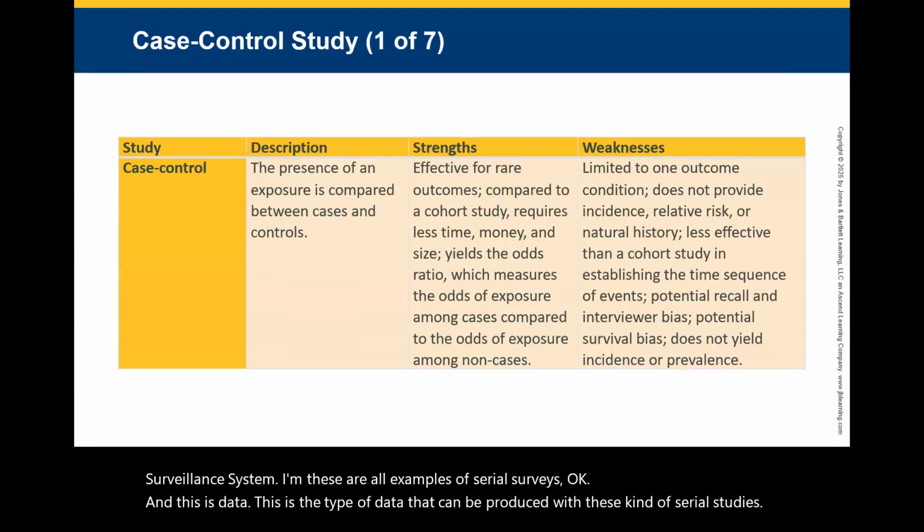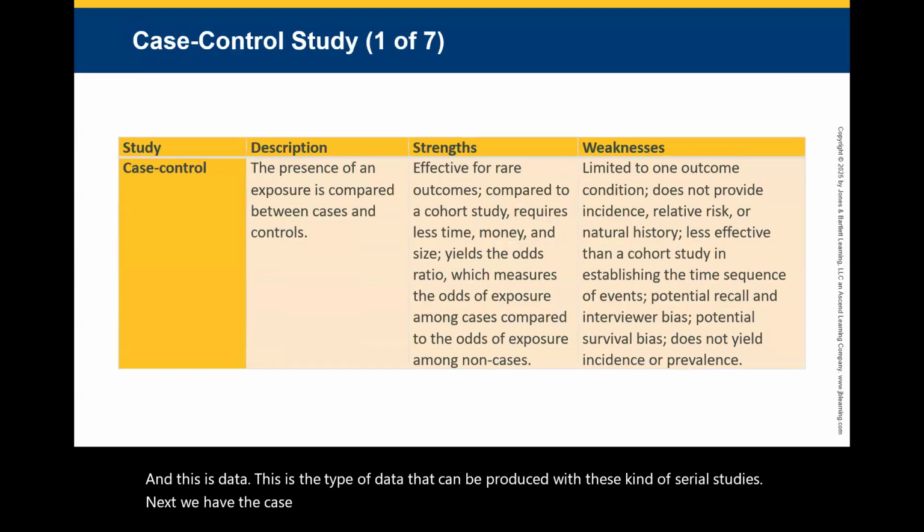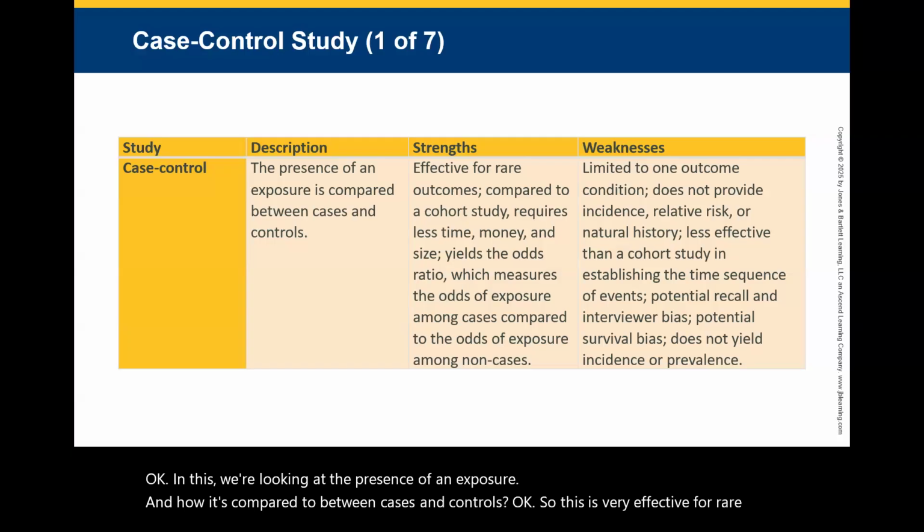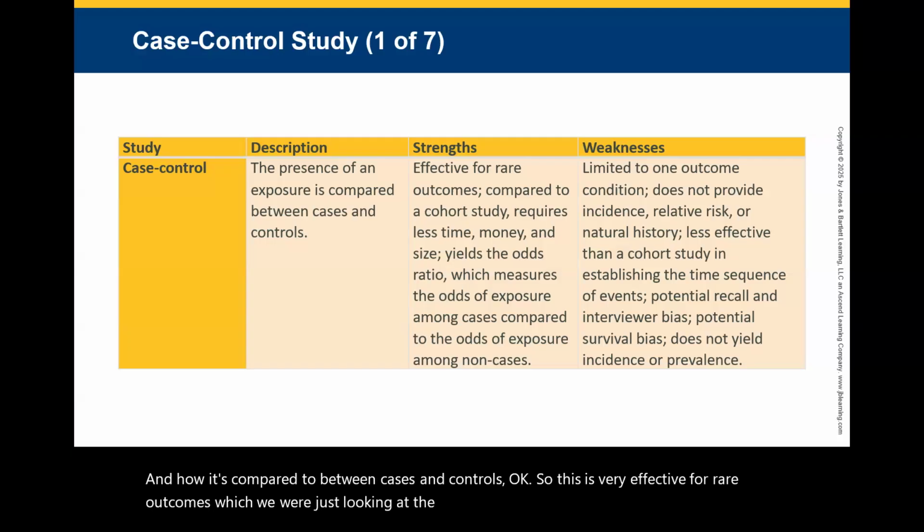Next, we have the case control study. Okay. In this, we're looking at the presence of an exposure and how it's compared between cases and controls. Okay. So this is very effective for rare outcomes, which the cross-sectional study wasn't.